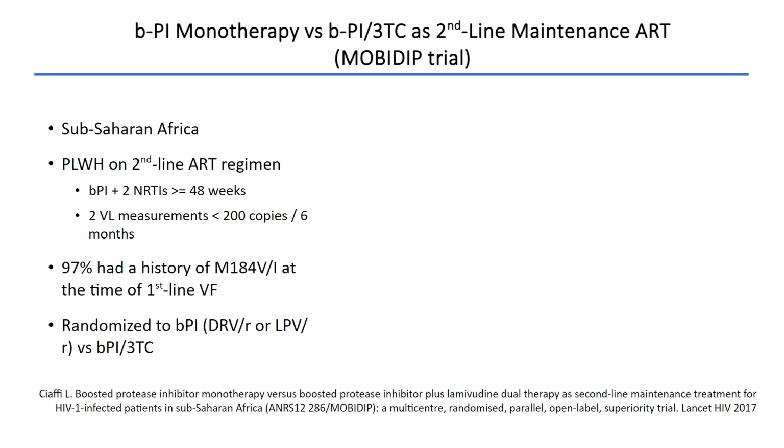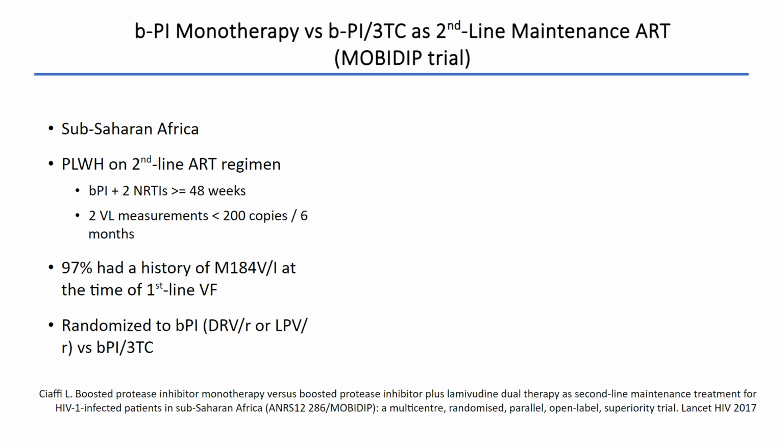Greater than 97% of patients had a history of M184VI following their virological failure on a previous first-line NRTI and NRTI containing regimen. The patients were randomized to receive their boosted PI alone, lopinavir or darunavir, or their boosted PI plus 3TC, even though nearly all patients had a history of M184VI.